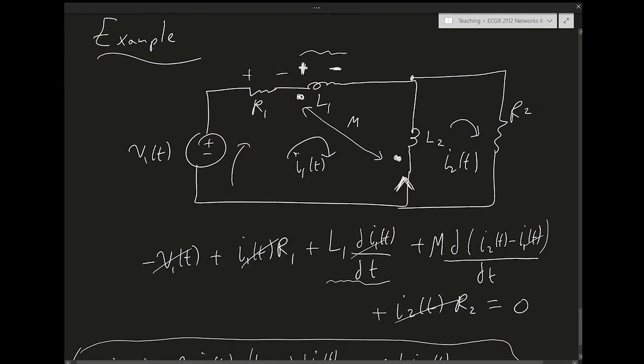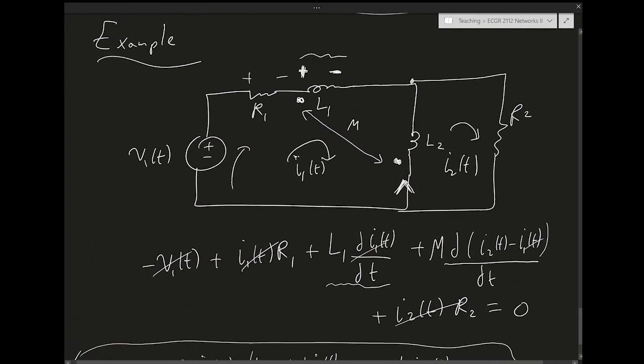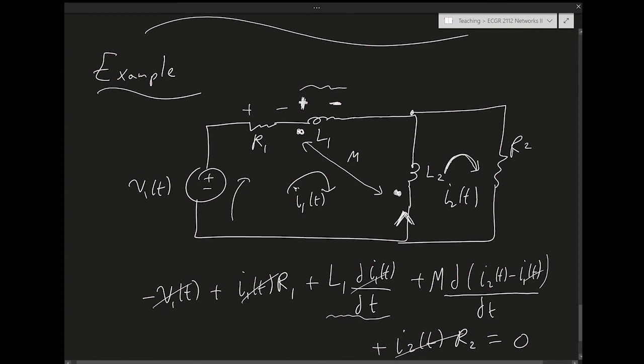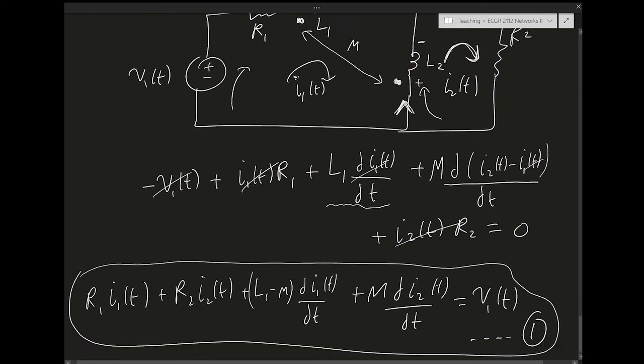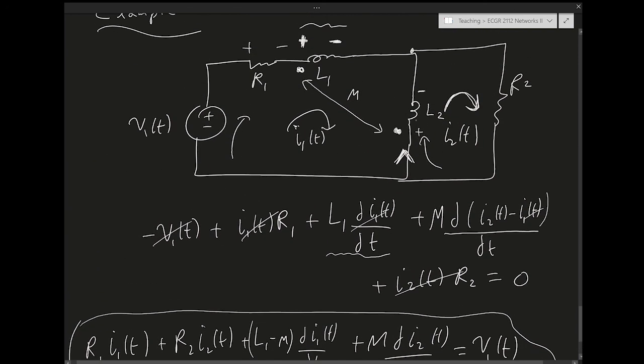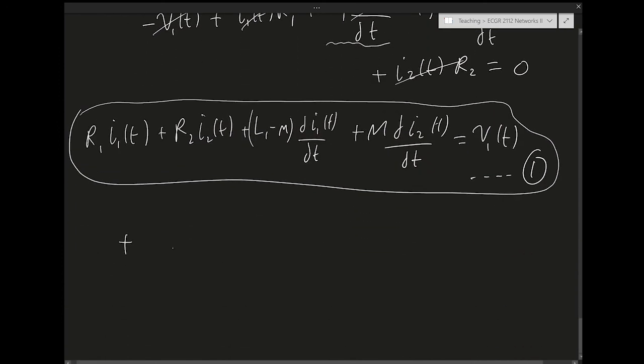Okay. Now I want to do mesh equation number 2, which is this equation for this loop. Again, I follow the loop, right? So I want to start with this voltage. So I'm doing KVL and I'm moving in this direction, clockwise. So I start with this voltage. So I have plus first, and then I need to add the self inductance component, which is L2 d(I2 minus I1) over dt, right?